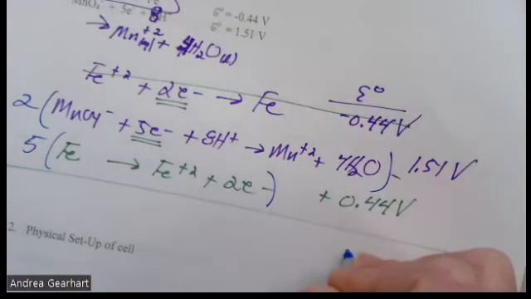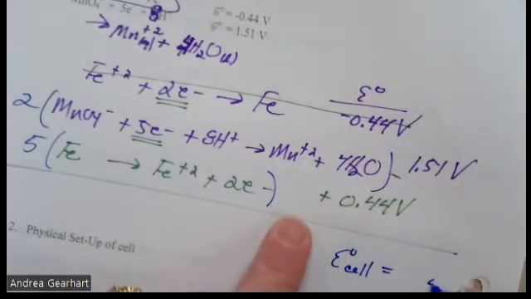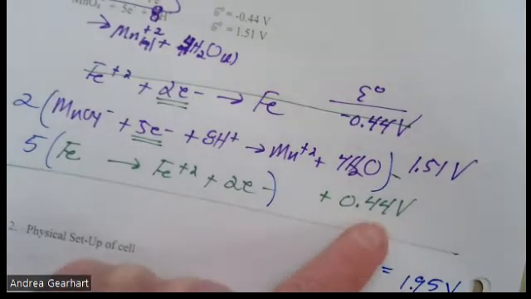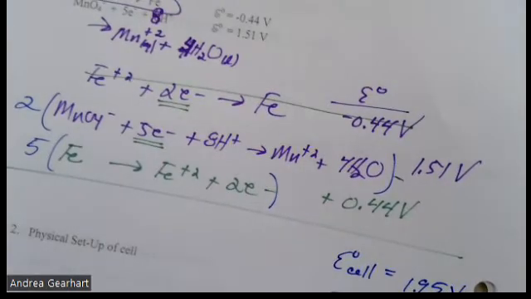So the E of the cell, which is something that we'll definitely need, we just add up those E values. Woo, 1.95 volts. That's pretty good, Ryan, great choice.